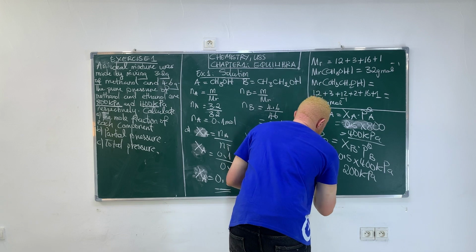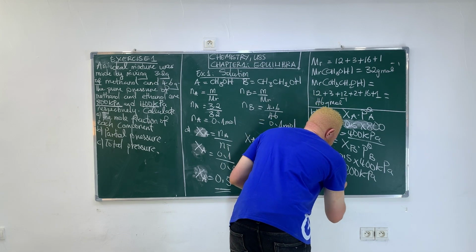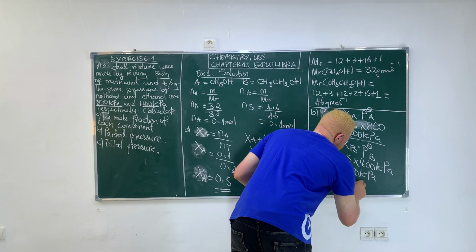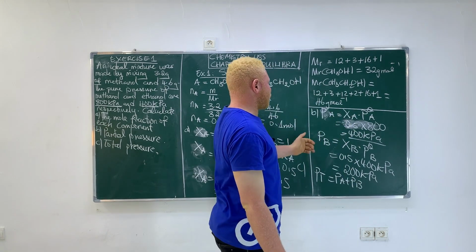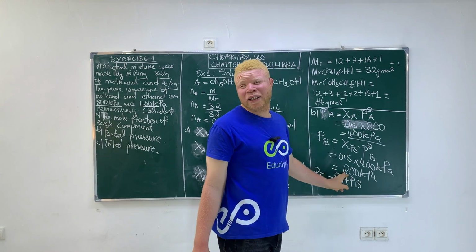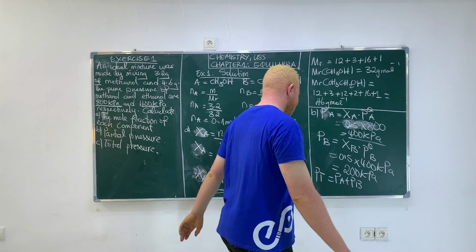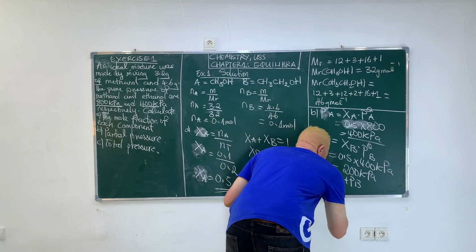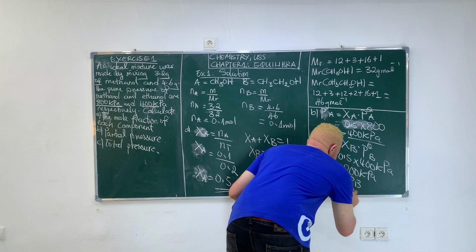C is telling us to calculate the total pressure. P total is PA plus PB. If you add 400 plus 200, it gives us 600. So P total is equal to 600 kilopascal.